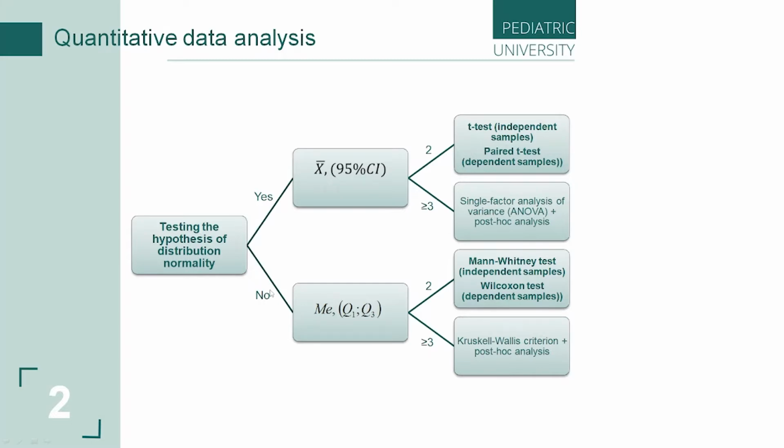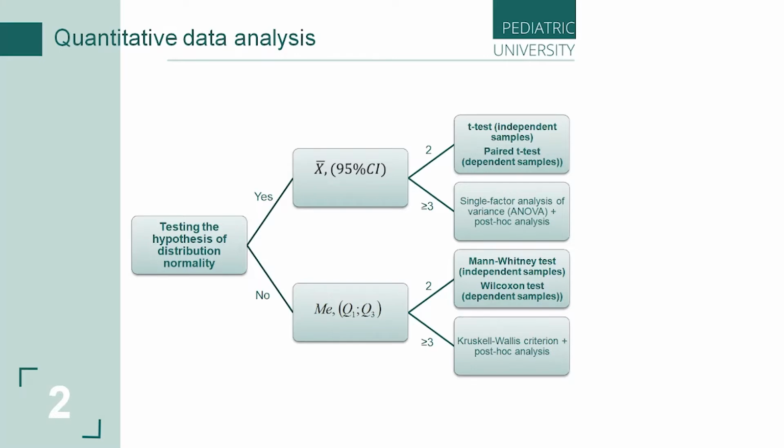Or if we did not accept the null hypothesis, and we can say the normal distribution law is not here in our samples, so we can use Mann-Whitney test or Wilcoxon test when we have independent or dependent samples.